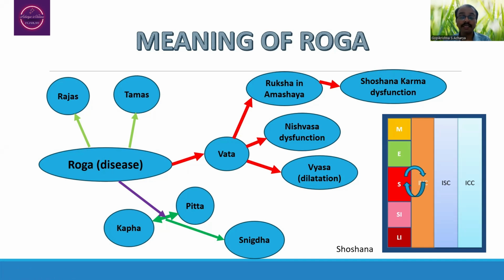Otherwise, if it increases from the intravascular compartment to the alimentary canal, we say there is an increase of rukshata in the intravascular compartment. So this is considered a relative term. The roga, actually, is a relative term.